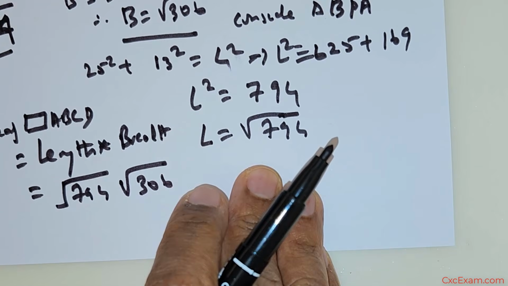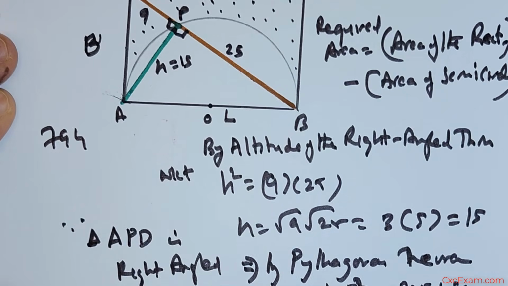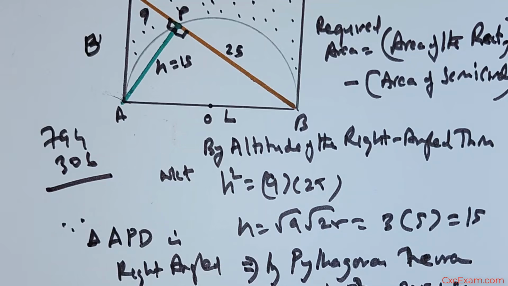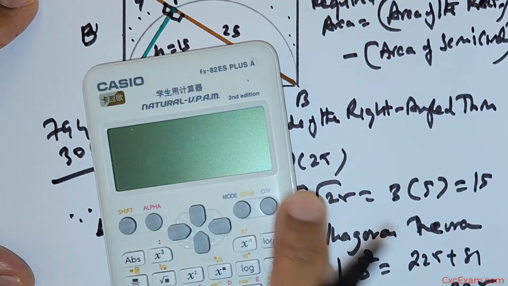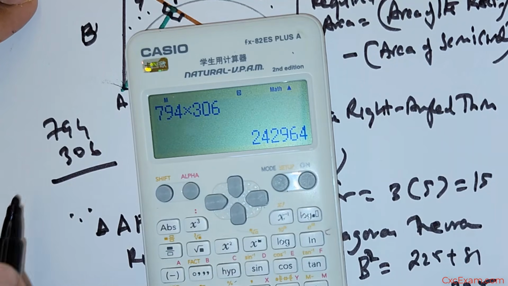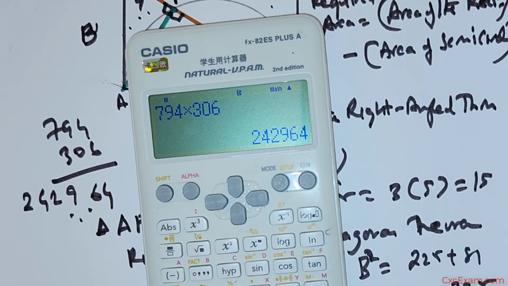If you multiply these two, 794 and 306, I'll just use this calculator. 794 multiplied with 306 is 242964.